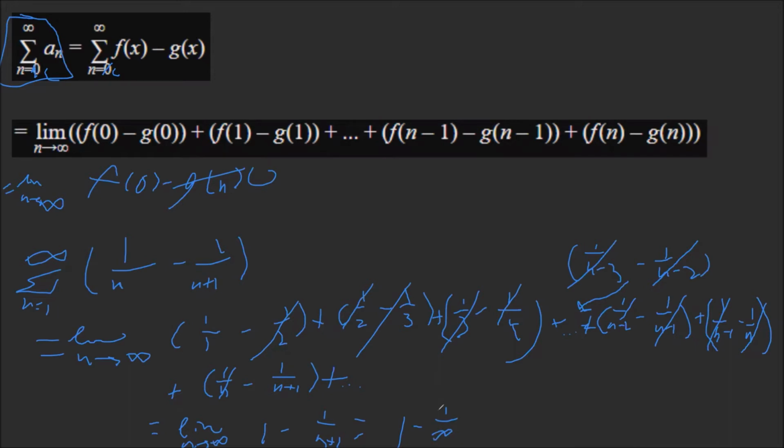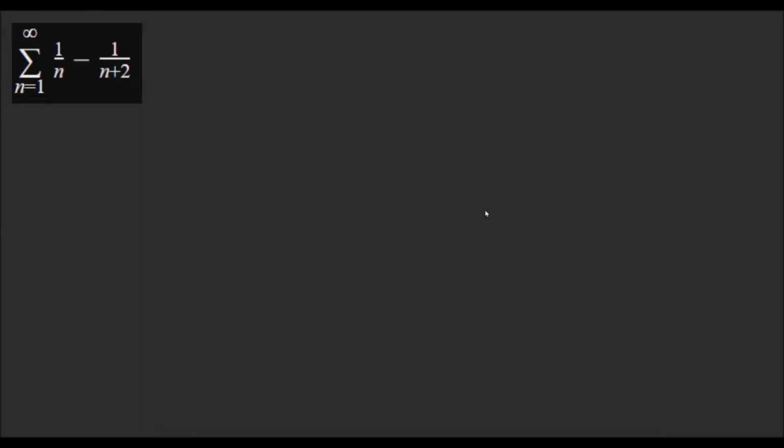And anything over infinity is equal to 0, because it's such an infinitesimally small number that it might as well be 0. So the series that we originally started out with, the series from n equals 1 to infinity of 1 over n minus 1 over n plus 1, converges by the telescoping series test, and in fact, it converges to 1.